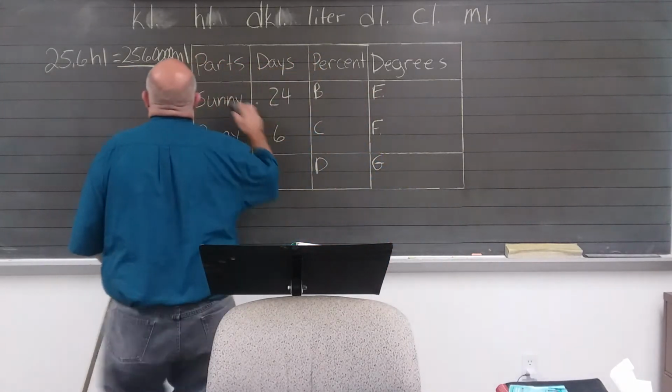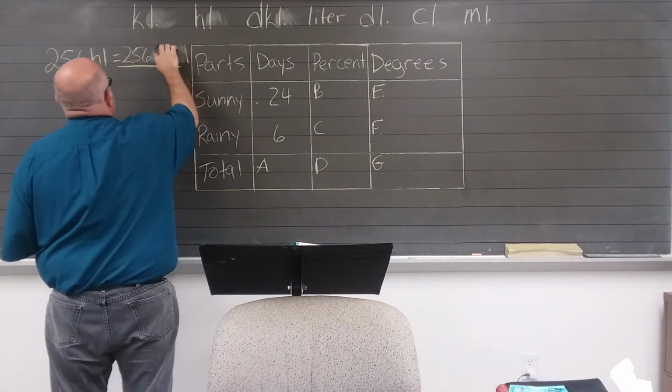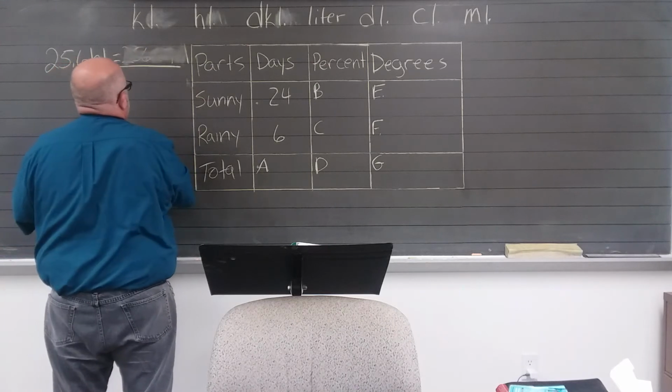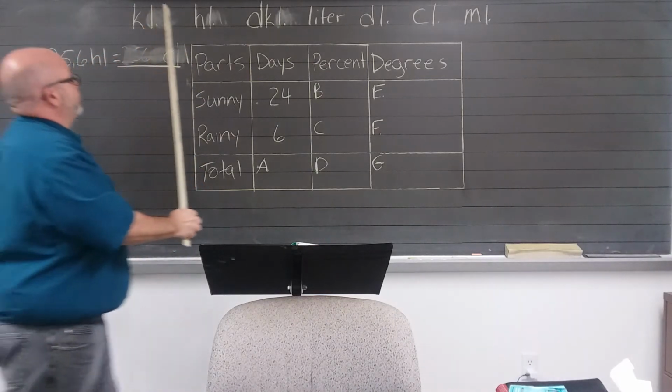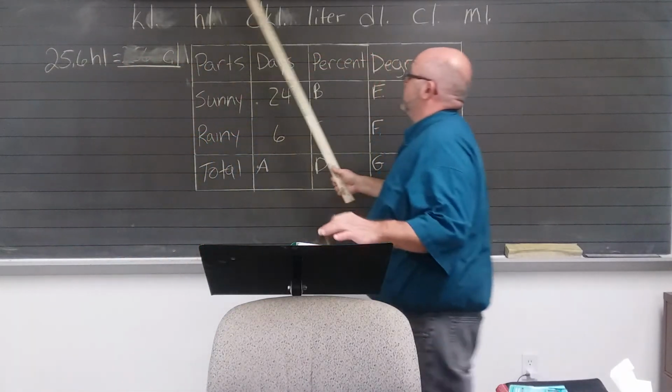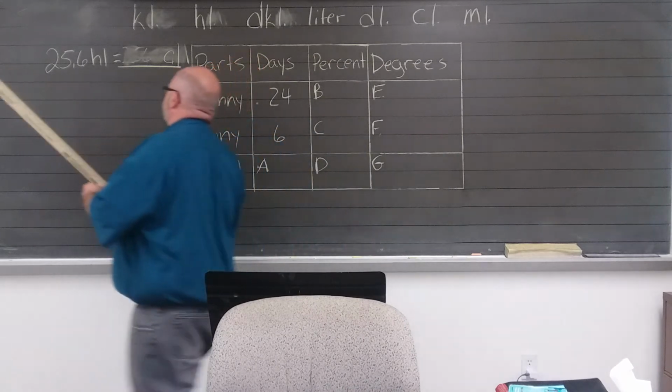That way we can put the number on the space. Centiliters. From hectoliters to centiliters, 1, 2, 3, 4. 4 places.